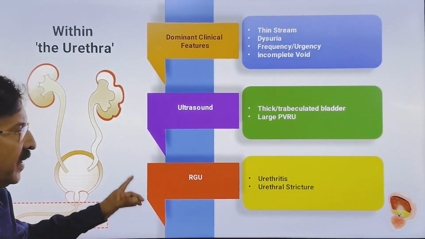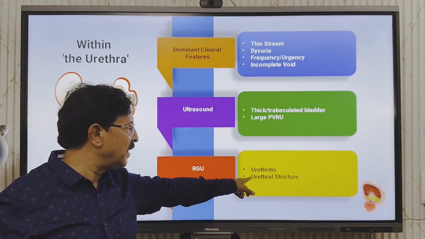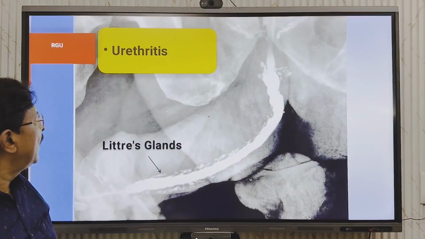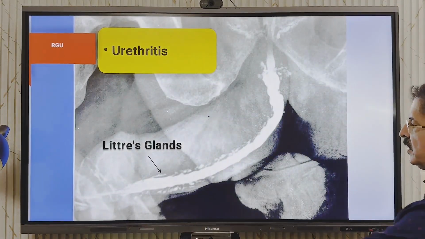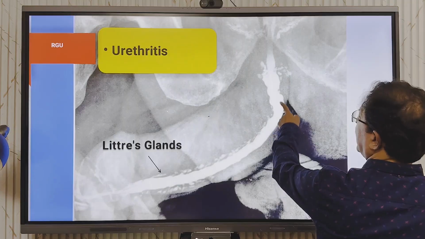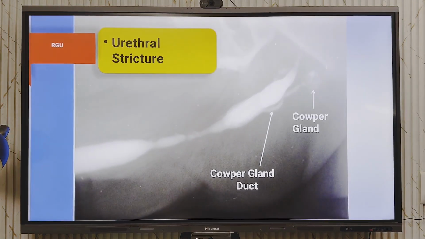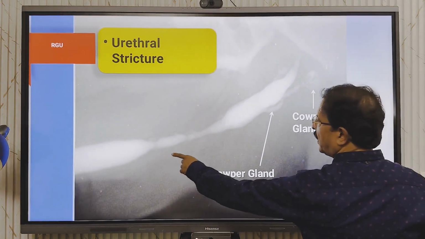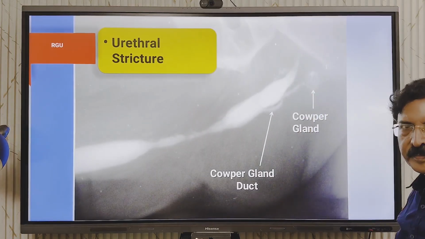But then the key investigation is retrograde urethrogram, which will show you either urethritis like this, where you will see prominent Littre glands visible as a result of catheter reaction all over, or you may even see a urethral stricture again as a result of catheter, or you may sometimes see these ducts also.